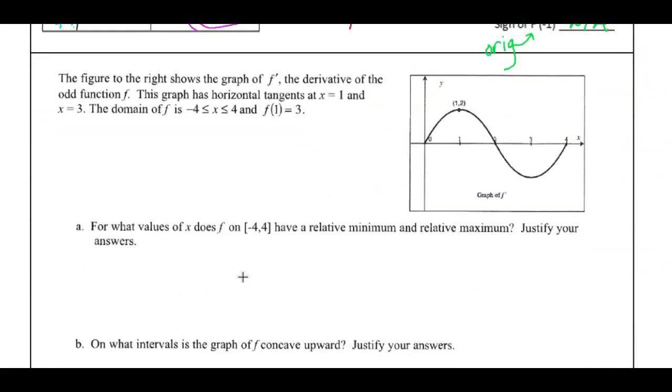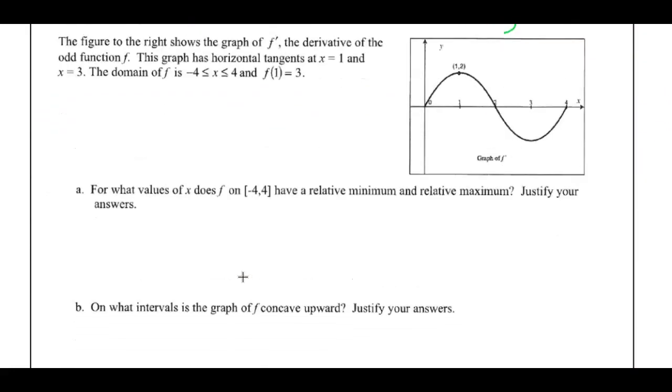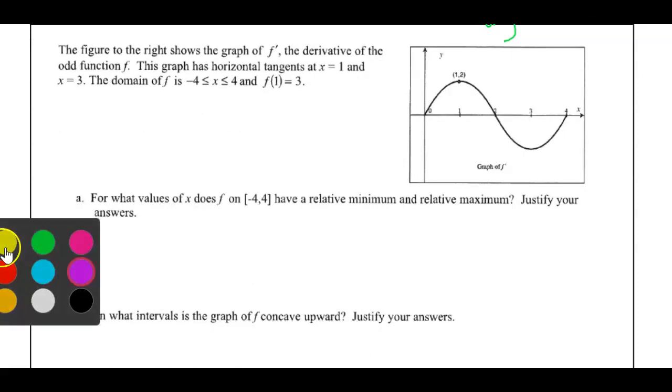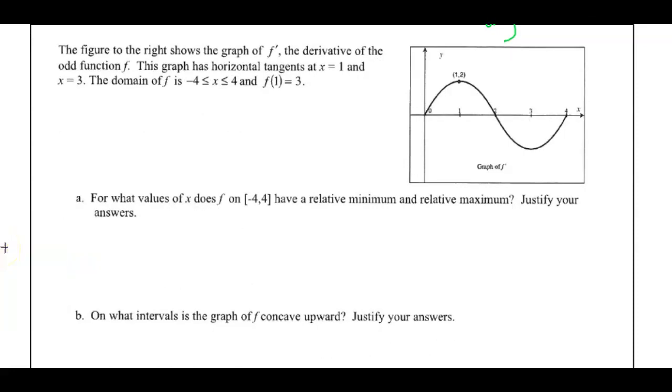All right, so we're going to try another question, and this one is kind of like a free response question. They tell you the figure to the right is the graph of the derivative, and it does say f prime, I just know it's really small. An odd function, this goes way back to Sec 1, Sec 2, maybe Sec 3.